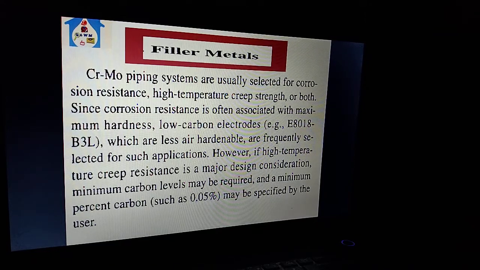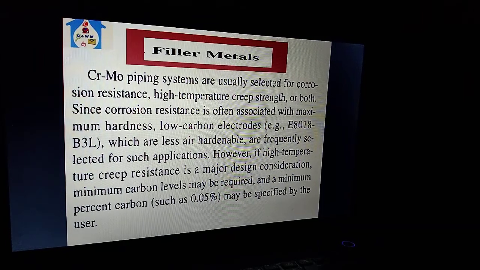However, if high temperature creep resistance is a major design consideration, a minimum carbon level may be required, and a minimum percent carbon such as 0.05% may be specified by the user.